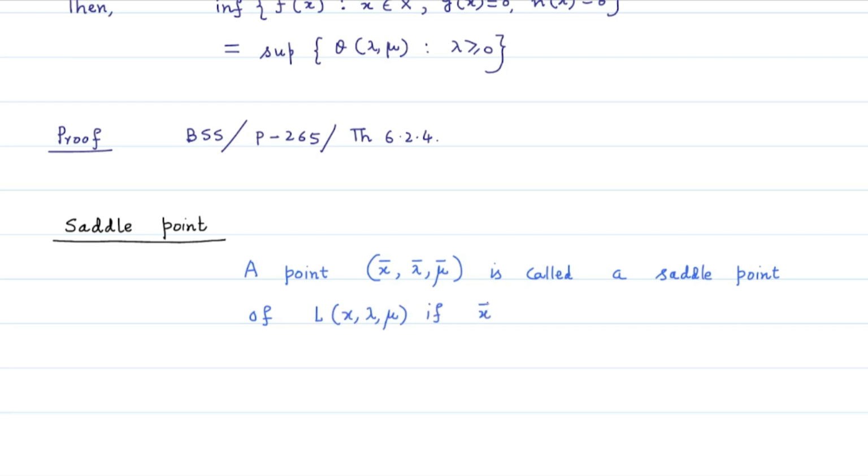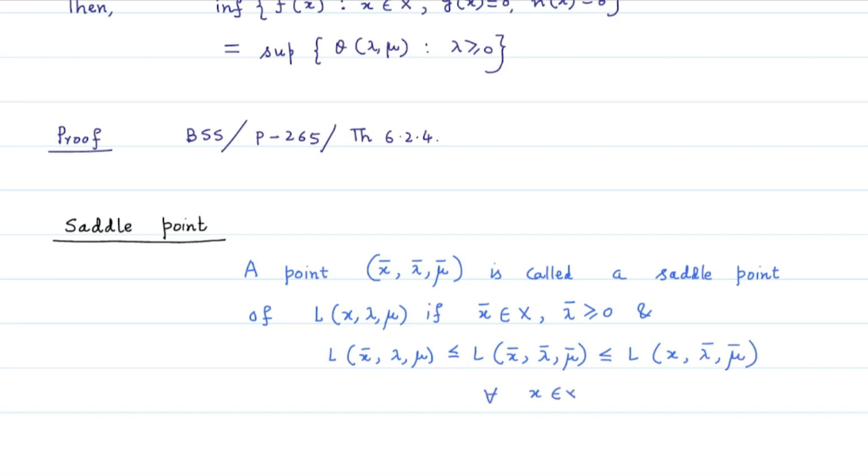if the point x bar belongs to capital X, lambda bar is greater than equal to 0, and you have the conditions that L(x bar, lambda, mu) is less than equal to L(x bar, lambda bar, mu bar), and this is less than equal to L(x, lambda bar, mu bar) for all small x belonging to capital X and all lambda, mu with lambda greater than equal to 0.